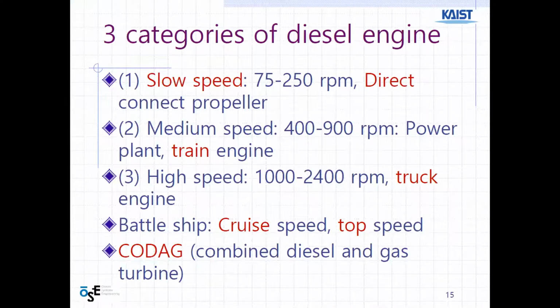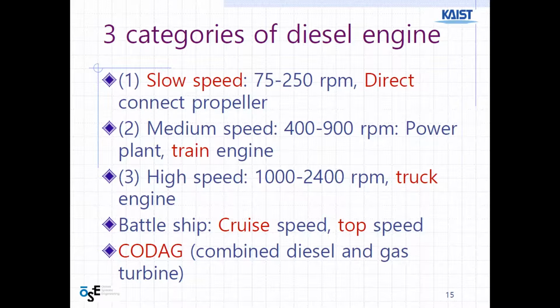For diesel engines, there are three categories. First of all, slow speed range. The speed range is 75 to 250 RPM. This system is directly connected to the propulsion system, so there is no need for a gearbox.